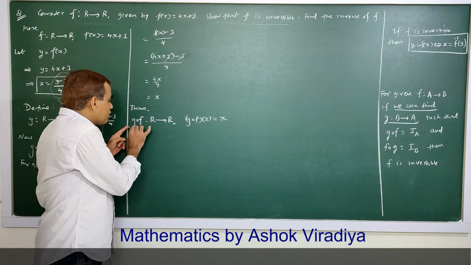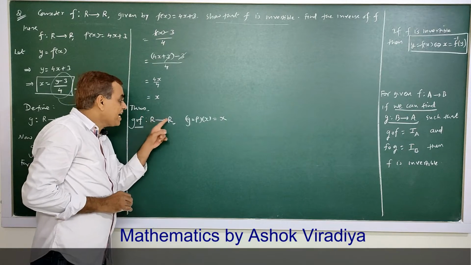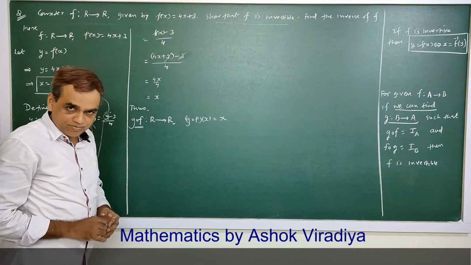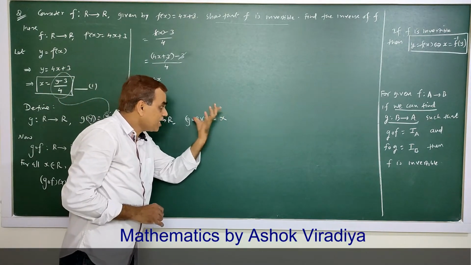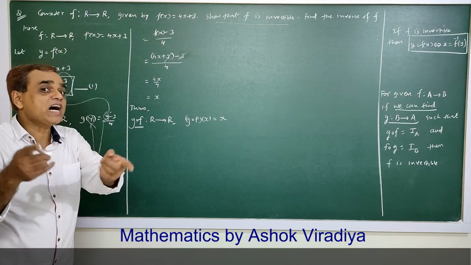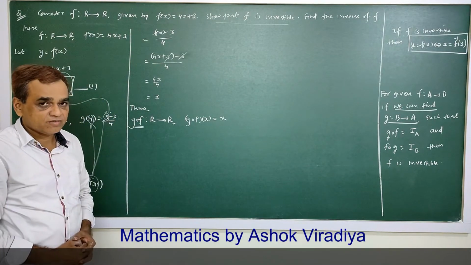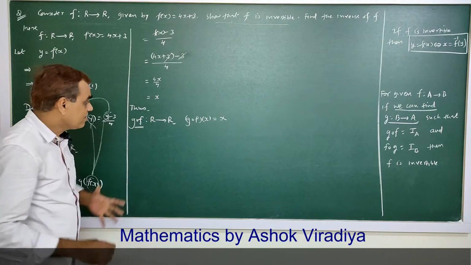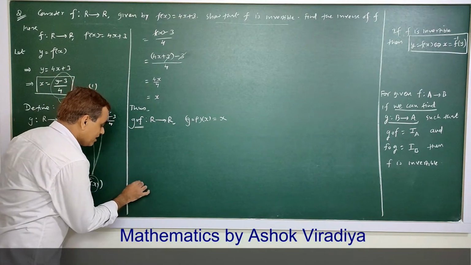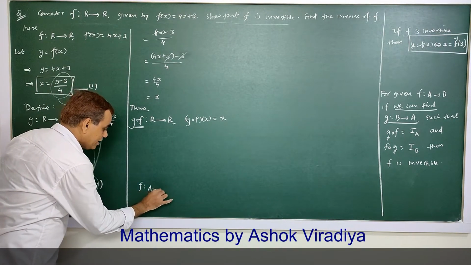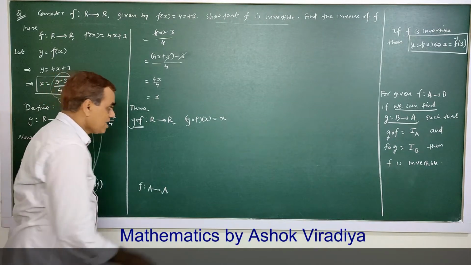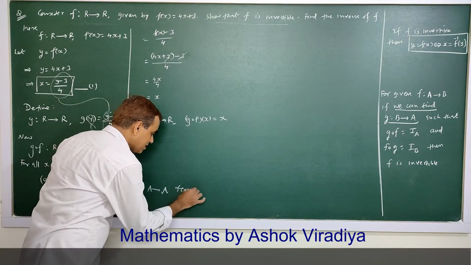If any function has the same domain and codomain, and if it keeps elements unchanged, then it is said to be an identity function. I explained the definition of the identity function: f is from A to A, f(x) equal to x.